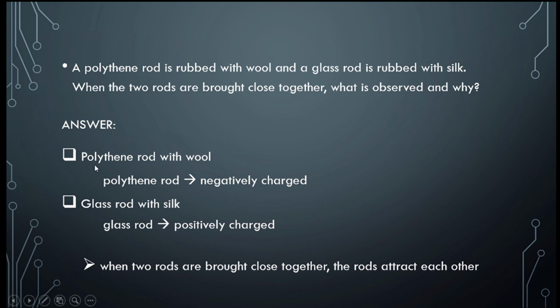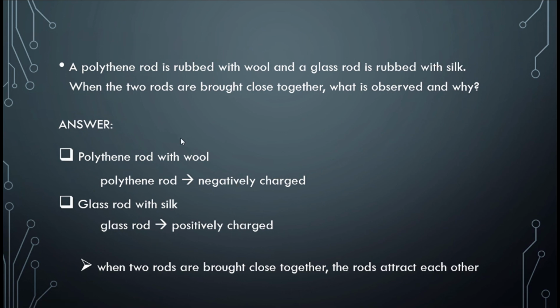So, when you rub the polyethylene rod with wool, the polyethylene rod becomes negatively charged because the electrons from the wool move to the polyethylene rod. Now, when you rub the glass rod with silk, the glass rod becomes positively charged because the glass rod loses some electrons. Now, when the two rods are brought close together, the rods attract each other because unlike charges attract.